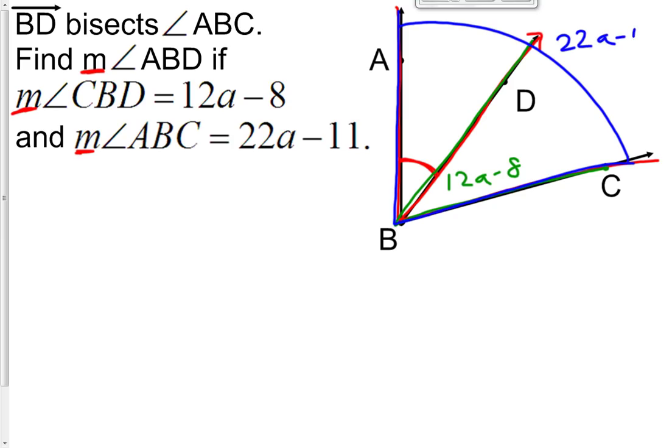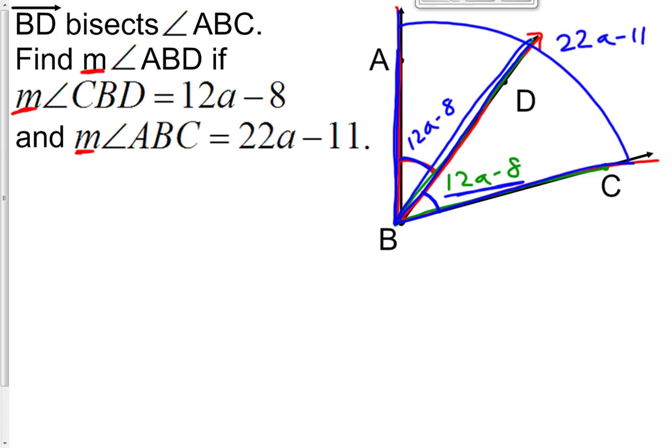What you need to know on this one is because BD is a bisector, it makes two congruent angles. CBD is congruent to DBA. So if CBD is 12A minus 8, then ABD is also 12A minus 8. The two angles are congruent.